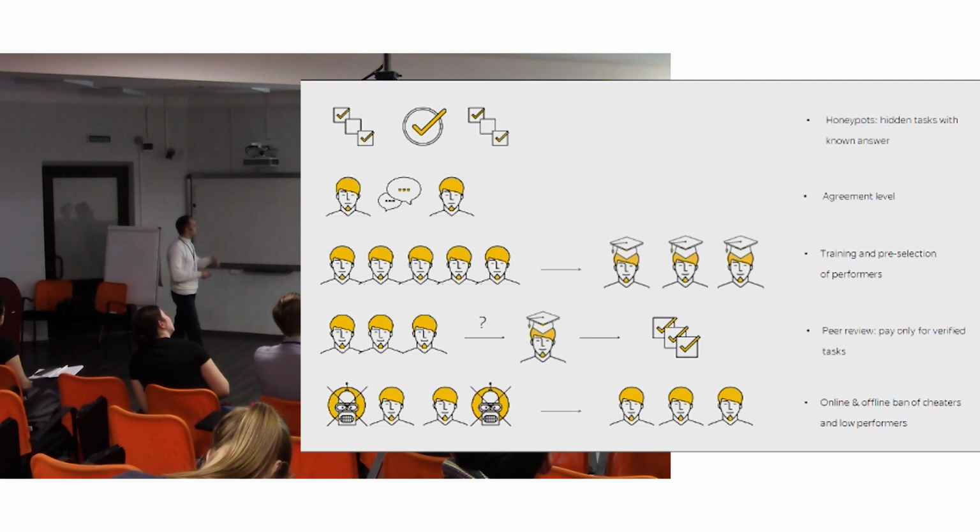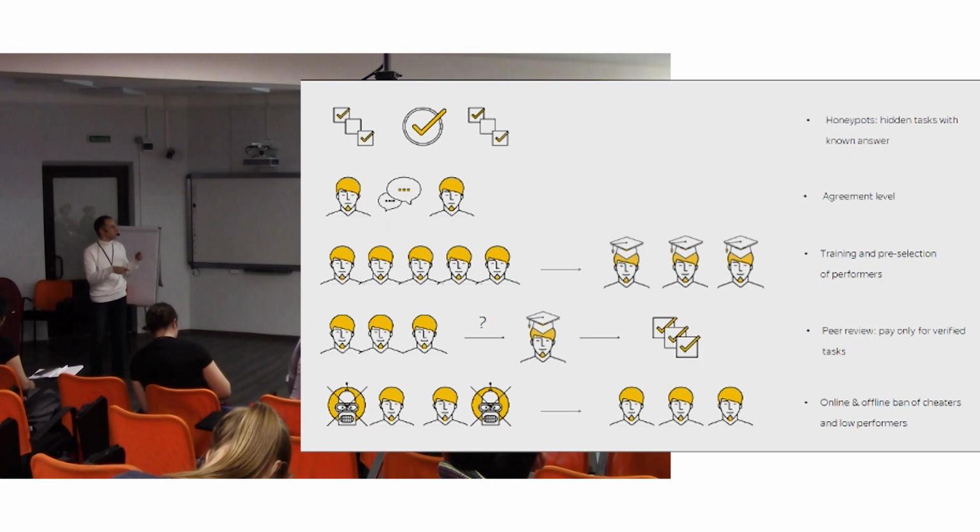Okay, let us proceed from top to bottom one more time. There are several known simple ways to control the quality. For example, we can take 10% of all tasks and substitute them with tasks for which we know the answer. Every worker will have 10% of tasks with the answer already known to us.